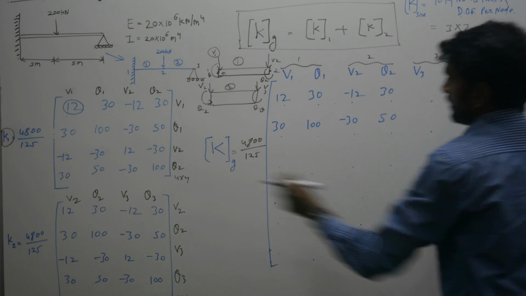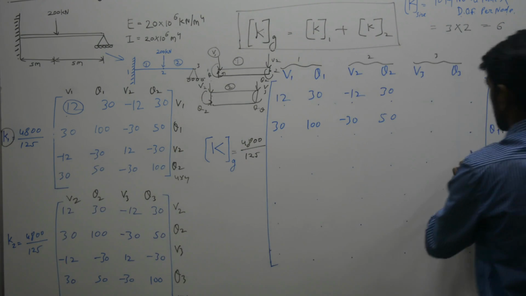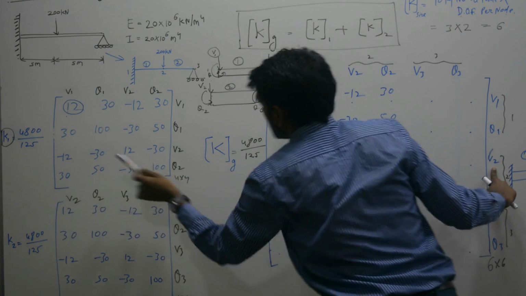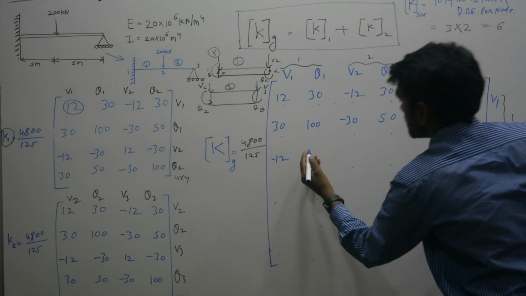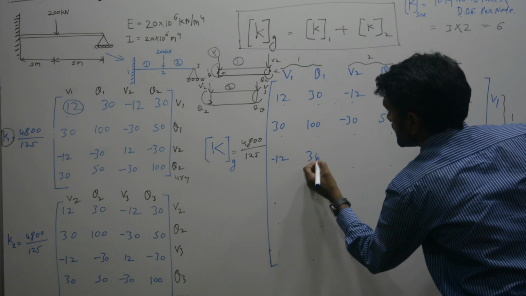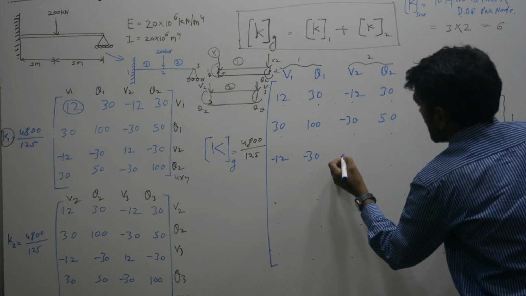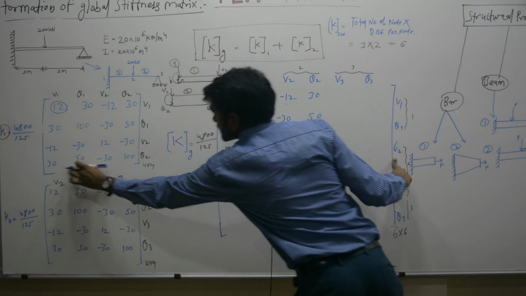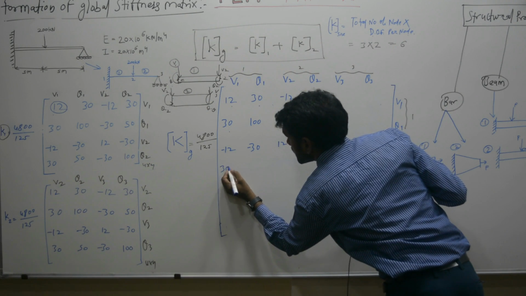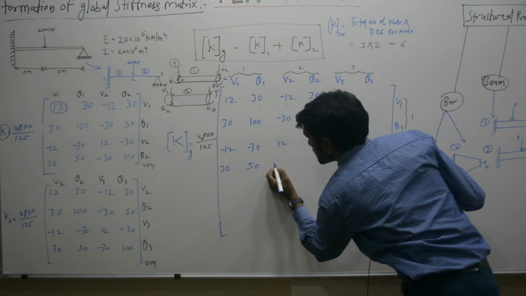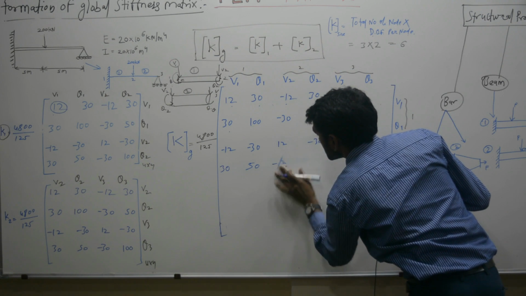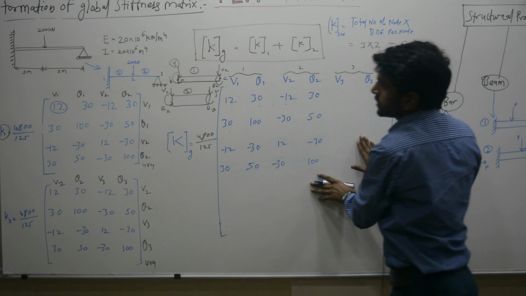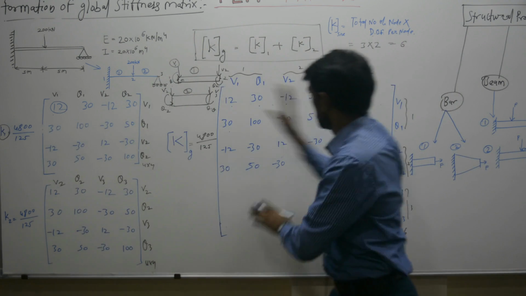Then for V2, again this is V2, the initial term is 12, then theta 1 V2, that term is minus 30, then 12, then minus 30. Fourth is minus 30, not 50, minus 30, so to make it more clear, minus 30, this is 100. This is the contribution of stiffness matrix K1 to the global stiffness matrix.